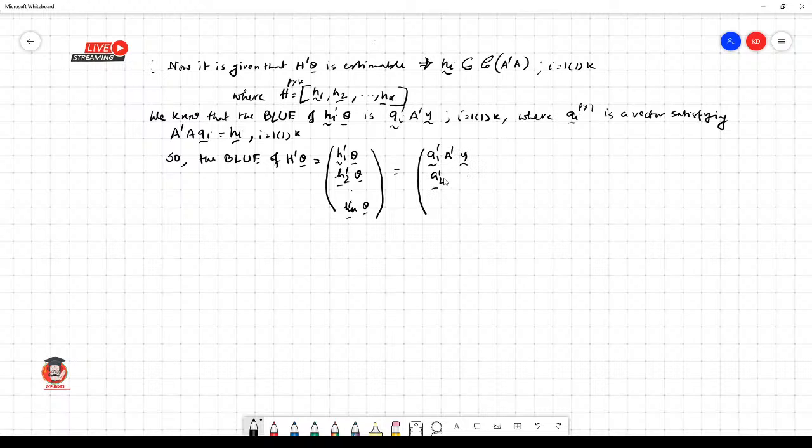Similarly q_2 prime A prime y curl is the BLUE of h_2 prime theta curl. Similarly for h_k prime theta curl, the BLUE is q_k curl prime A prime y curl.